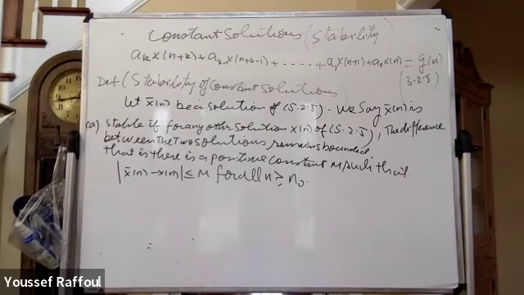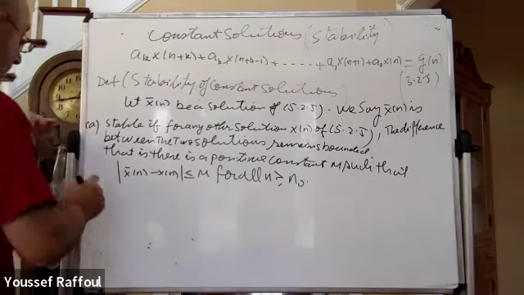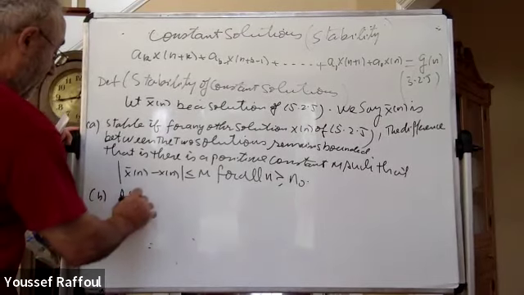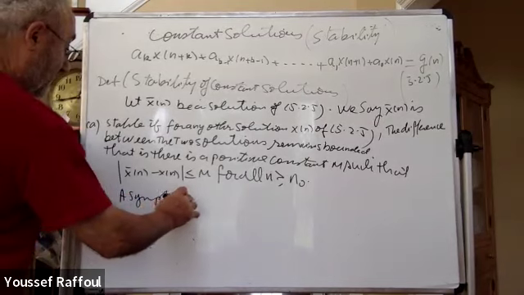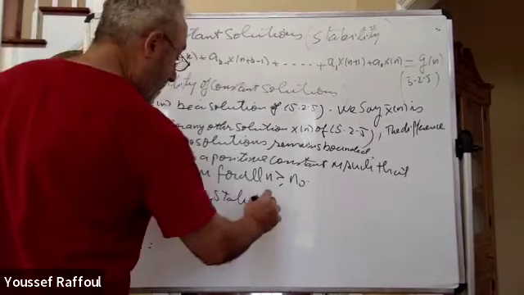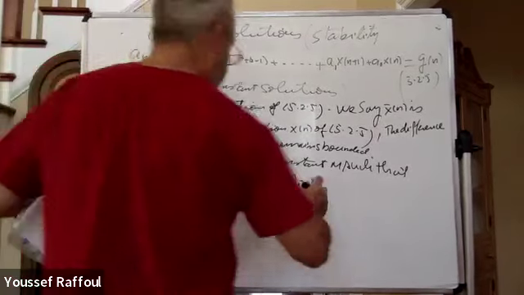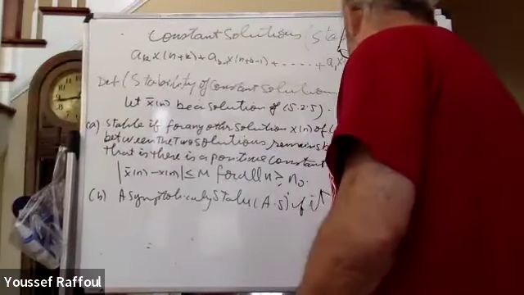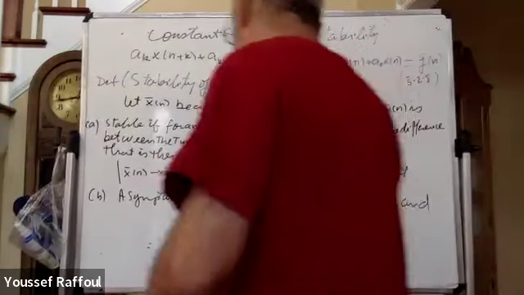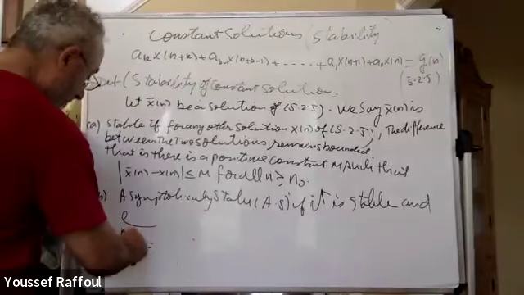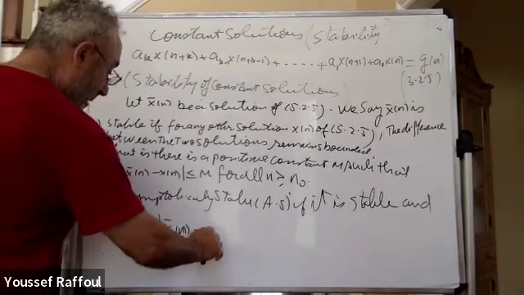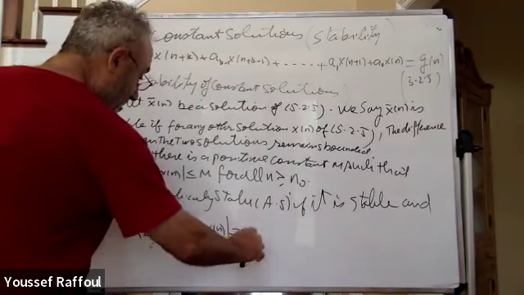B, it is asymptotically stable, AS, if it is stable and the limit as n goes to infinity of x*_n minus x_n is equal to 0.